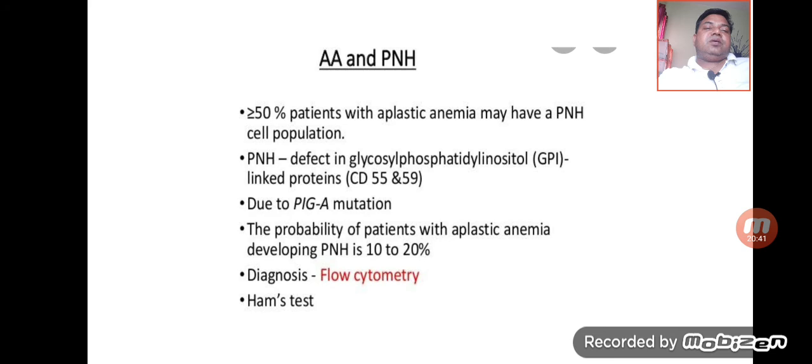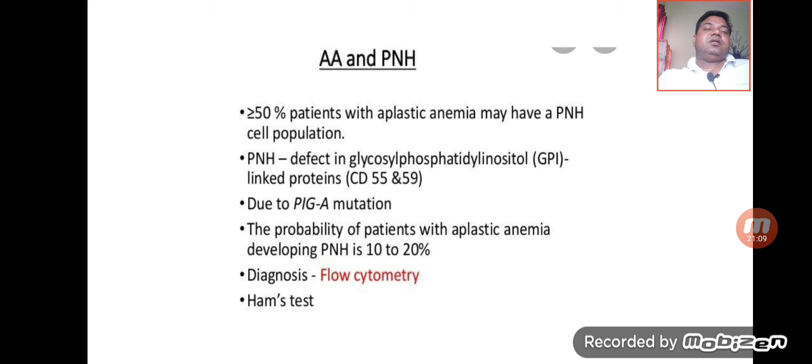This aplastic anemia should be differentiated from other conditions, especially PNH. More than 50% of patients with aplastic anemia may have a PNH cell population. In PNH, there is a defect in the GPI-linked proteins CD55 and CD59, and the patient will have paroxysmal nocturnal hemoglobinuria.